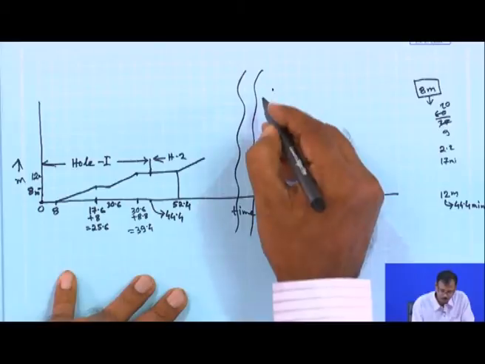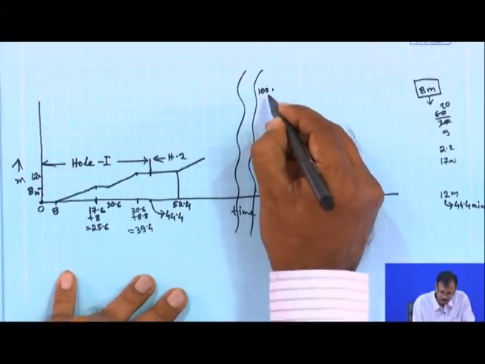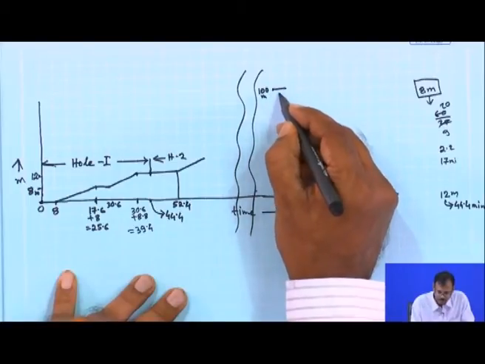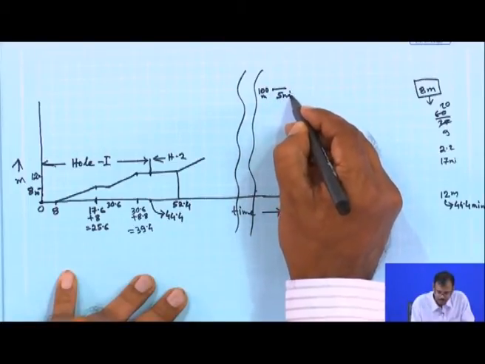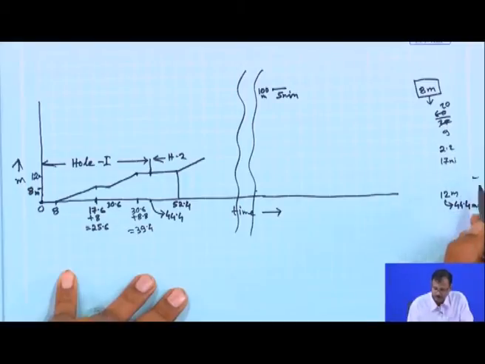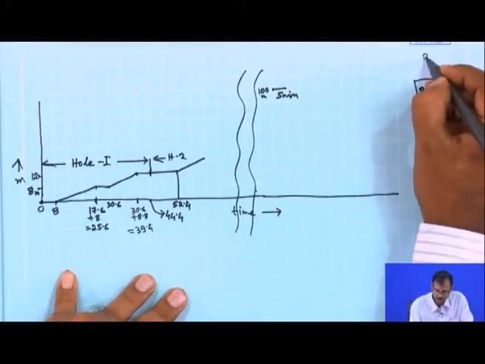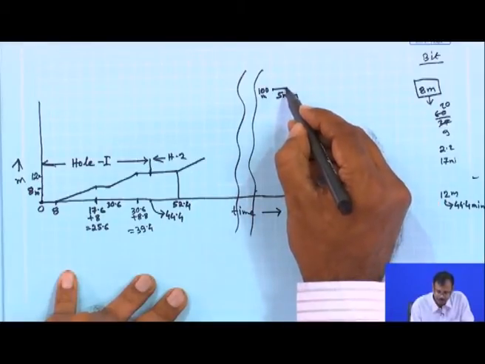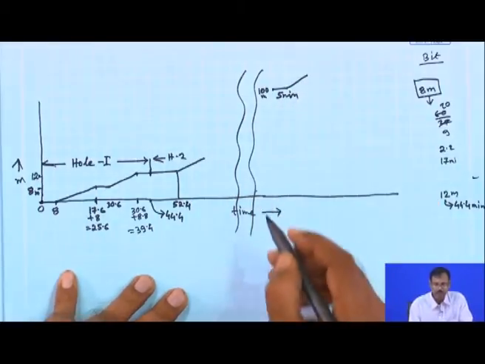Suppose when we complete our 100 meter drilling, that time we have to add 5 minutes as additional for bit changing. This 5 minute will be added, then again the penetration will be continuing in this case.